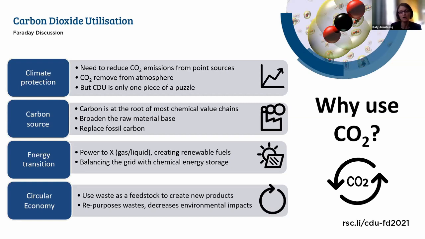And often these are made with new fossil carbon that's been dug out from the ground. So if we can widen our raw material base to include CO2, as well as biomass and other carbon sources, we remove that need to extract more fossil carbon, and we can recycle what's already above the Earth's surface.